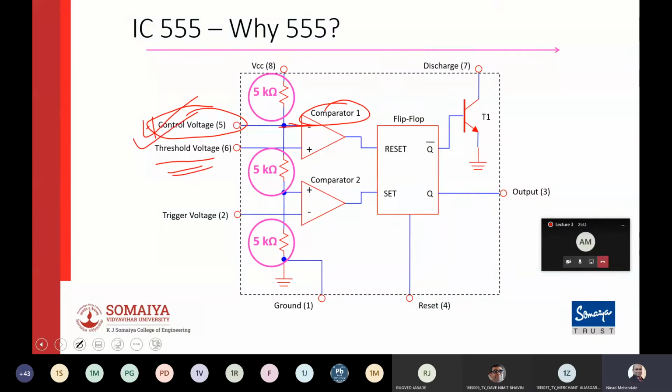So control voltage will say the output Q bar will go high if the threshold voltage crosses the control voltage in a positive manner.